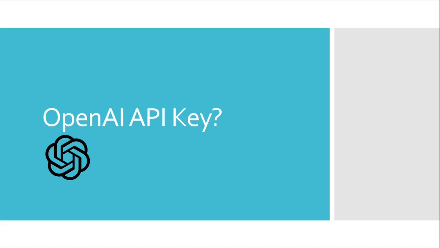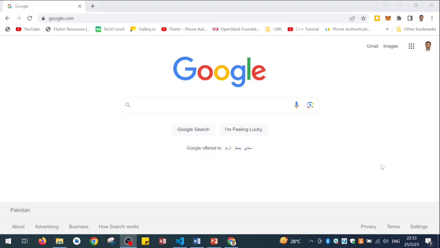For using OpenAI models and other modules, we need an OpenAI API key. In this presentation, I will tell you how to get an OpenAI API key. Open the browser.